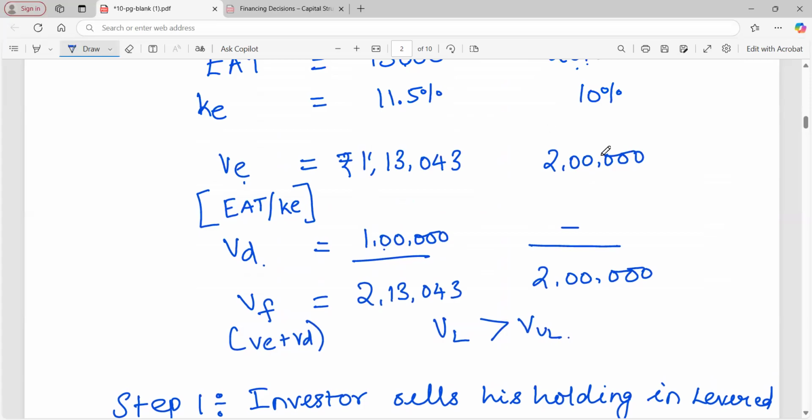What is the value of equity for the unlevered firm? N Limited, it is 2 lakh. So the investor, if he wants to invest 10% in the unlevered firm, what is the amount of cash that is required by the investor? The investor requires 20,000 rupees to invest 10% in N Limited because 2 lakh is the total value on which he has to invest 10%. So 20,000 is the cash required by the investor.